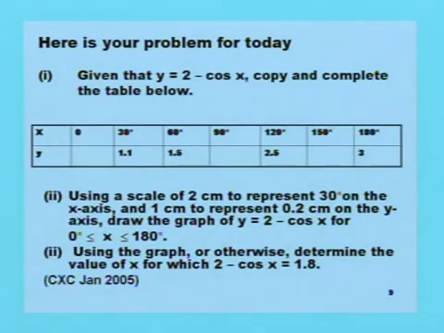Part 3 of the question. Using the graph or otherwise, determine the value of x for which 2 minus cos x is equal to 1.8. This question is taken from CXC January 2005.